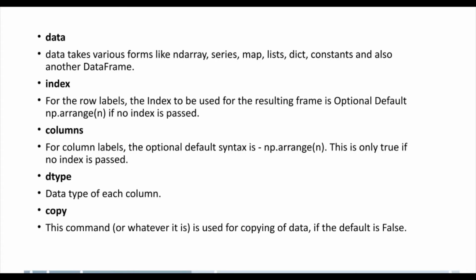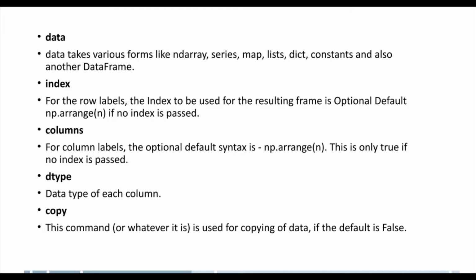Now what are columns? For column labels, the optional default syntax is np.arange(n). This is only true if no index is passed. Again, as we discussed for index, if nothing is passed, np.arange(n) will be the assigned index for the column labels. And dtype specifies the data type for each column.